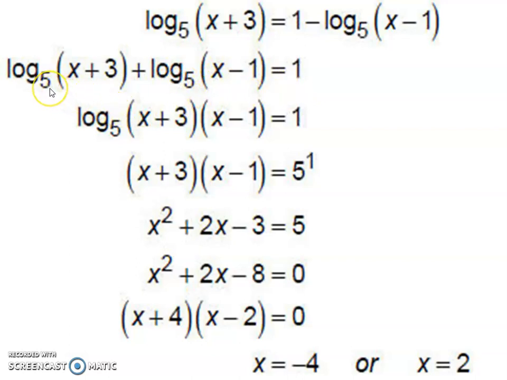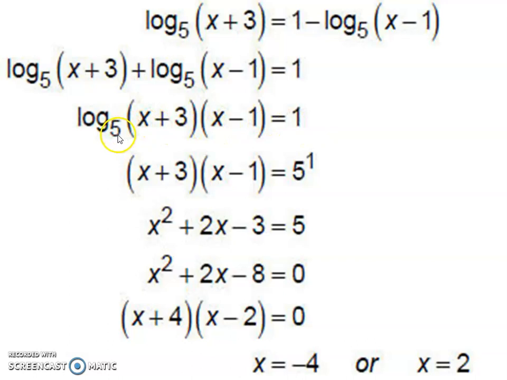We observe that both the logarithm terms have the base 5. That's why log of x plus 3 into x minus 1, because log m plus log n is log of m into n, is equal to 1, which remains the same.